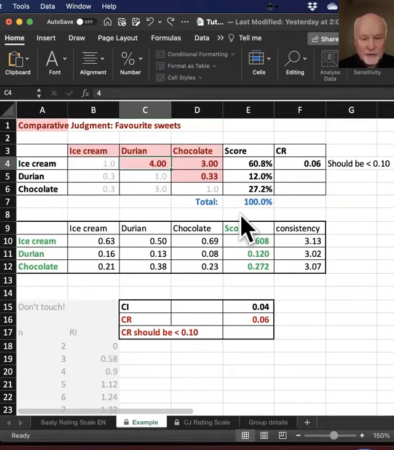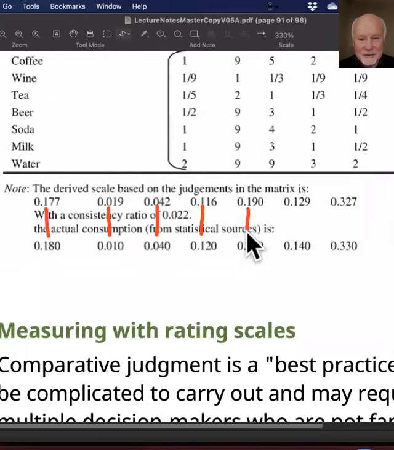Coffee is moderate plus more popular than tea, only slightly more popular than beer, the same as soda, the same as milk, and half as popular as water. Okay, so they did all of that, and then you got actual data about the consumption of these things in the United States. And the amazing thing is they're very close. This little mini crowdsourced set of estimates came out very close to the real thing.